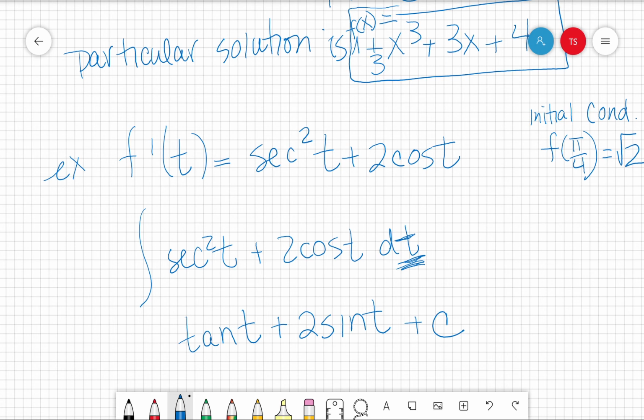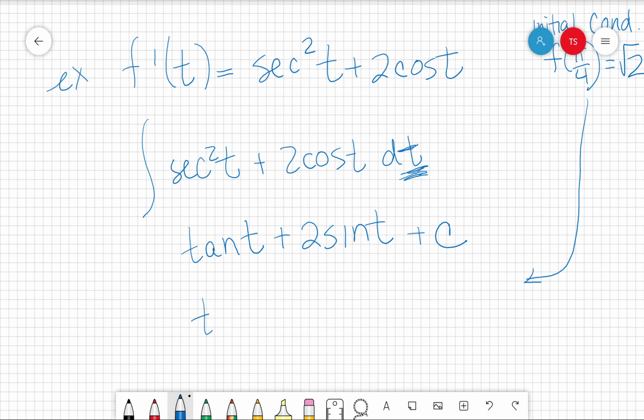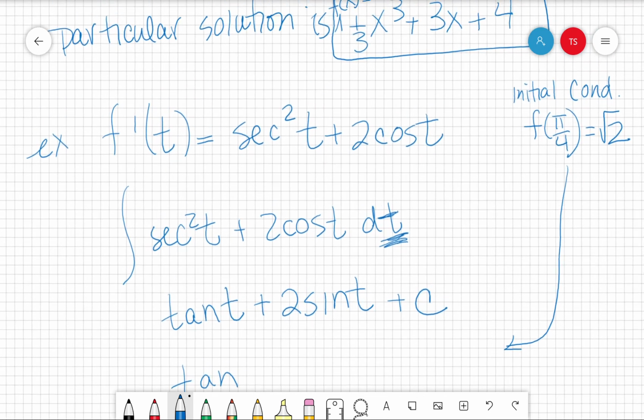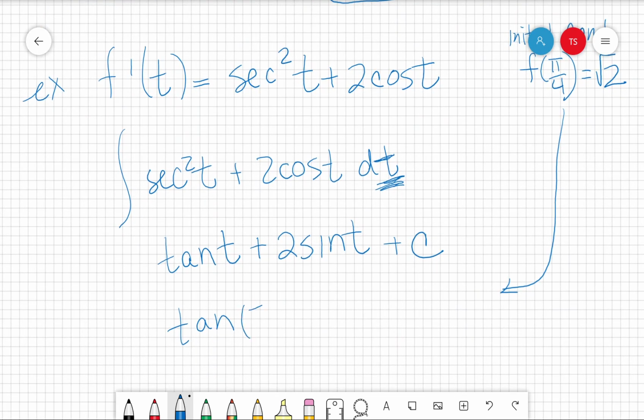And now I can substitute in my initial condition, and I have tan of pi over 4 plus 2 times the sine of pi over 4 plus c is equal to the square root of 2.